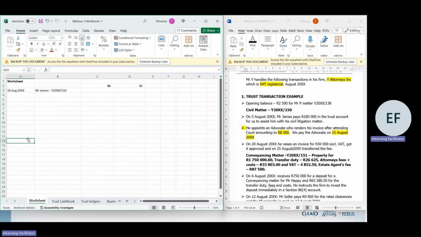Our accounting equation says assets is equal to equity and liabilities.